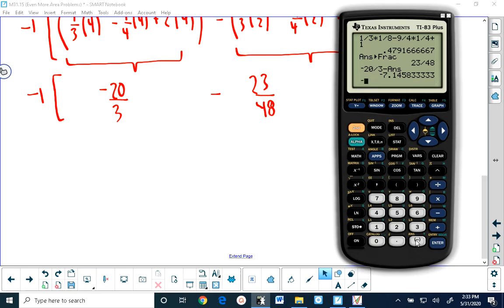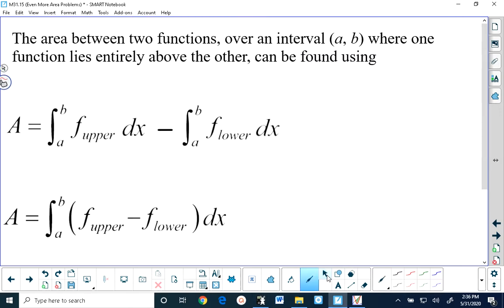I'm going to multiply it by -1, which gives me 7.1458333. Of course, I hope you recognize it because that's the exact same answer we got before. The answer is 343/48.